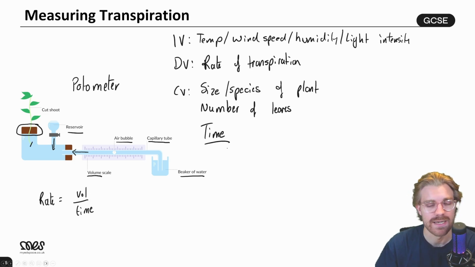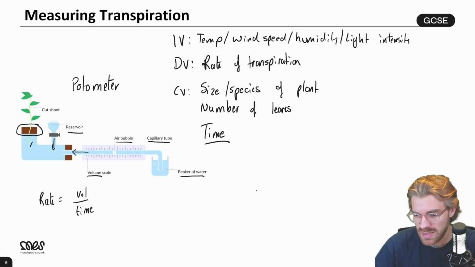And then finally, just like with any other experiment, let's have a think about how we can make this setup more precise and more accurate. Well, to increase our precision, we want to reduce the effect of random error. So we're going to take repeat readings and calculate a mean.